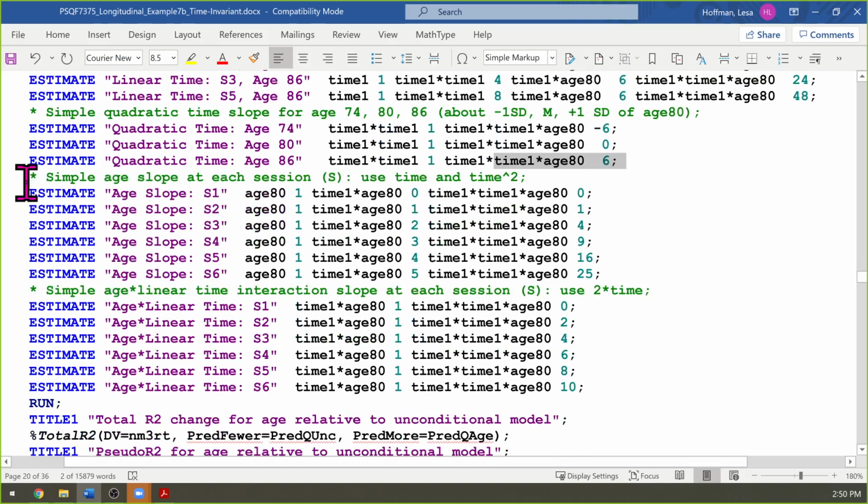So to look at it that way, I have the effective age at each session, because here's my effective age at a minimum, and then it is moderated by time and time squared. So in this context, what goes into the coefficients is the value of time at which you want the age slope and time squared.